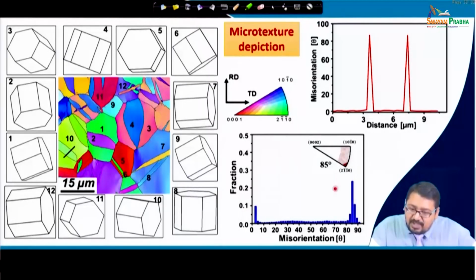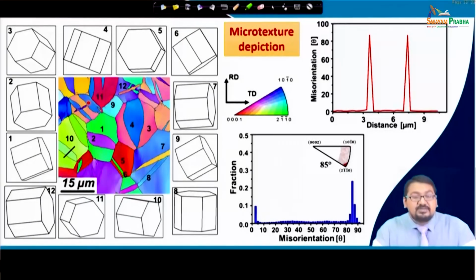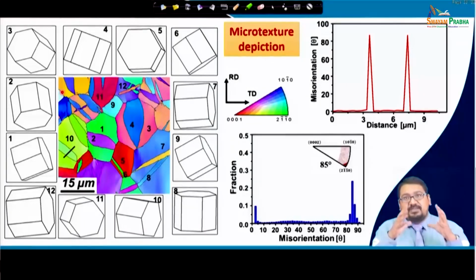To see why this kind of peak is observed in this material, if we look into this microstructure here, we can see that here is one twin, there is another twin, there are a few twins here, intersecting twins are present. In the whole microstructure there are a lot of twins present, and therefore the boundaries of these twins can be observed more largely. So, their fractions will be more.